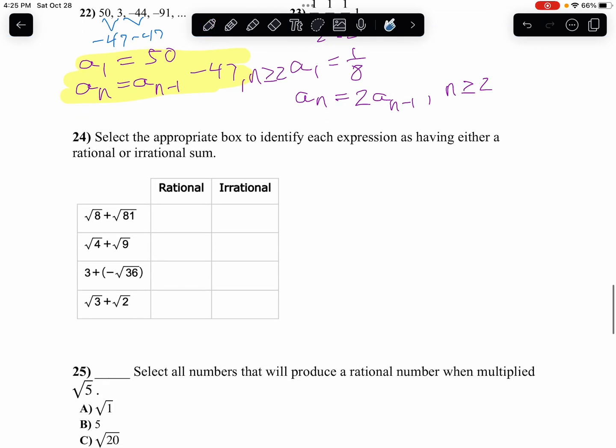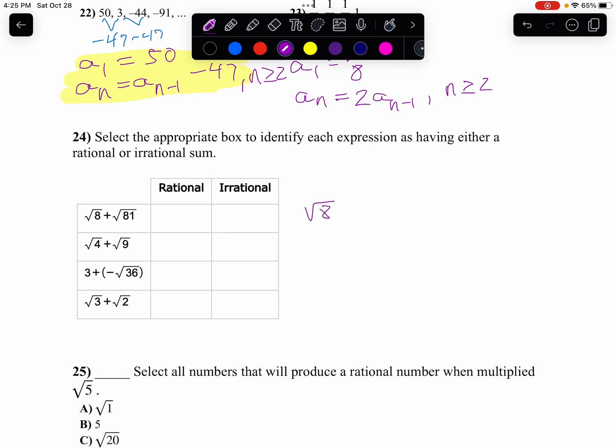On number 24, tell me, are they going to be rational or irrational when I add them? Well, notice the square root of 8, that's 2 square roots of 2. That's irrational. The square root of 81 is 9. Well, if I add 2 square roots of 2 and 9, that's irrational, because the square root of 2 is irrational.